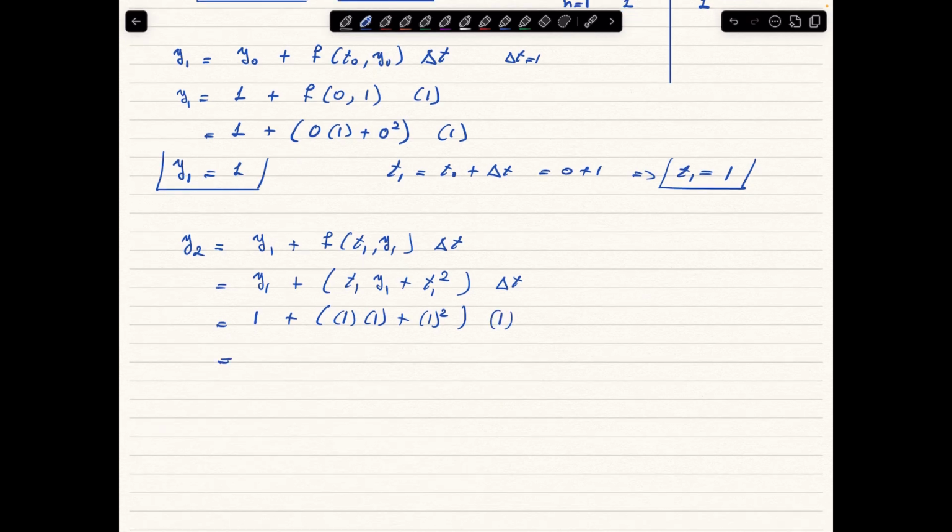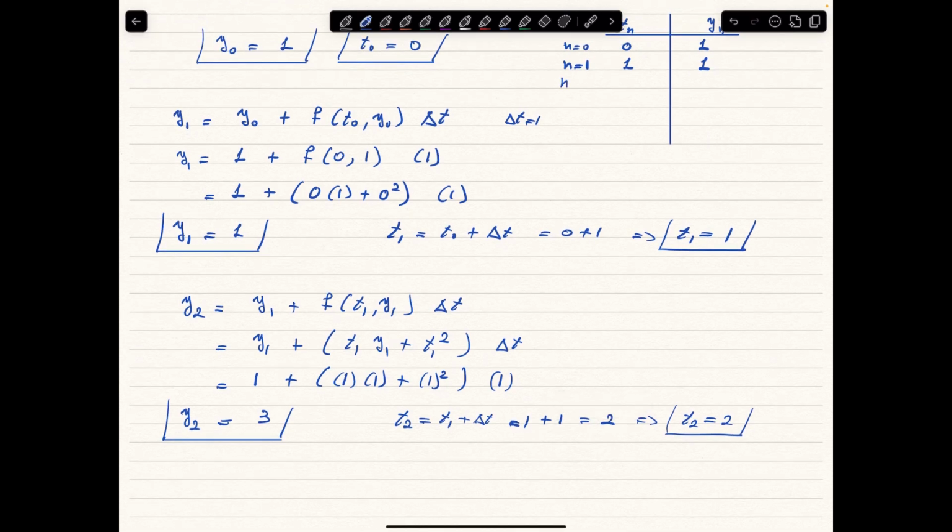So we end up with 1 plus 1 plus 1, which is 3. Okay, y2 is 3. Nothing we can do about it. What is t2? t2 is t1 plus delta t, but t1 was 1 and delta t is 1, so this is 2. So t2 is 2. And now we have n equal 2, we got that t2 is 2, of course, and y2 is 3.